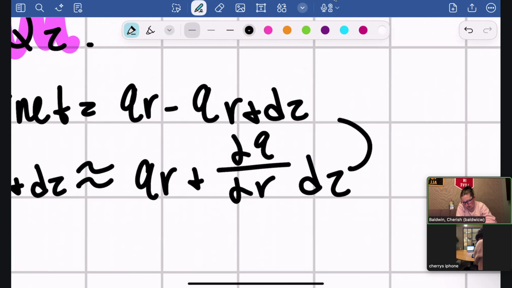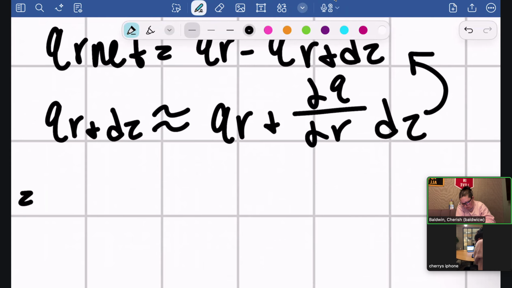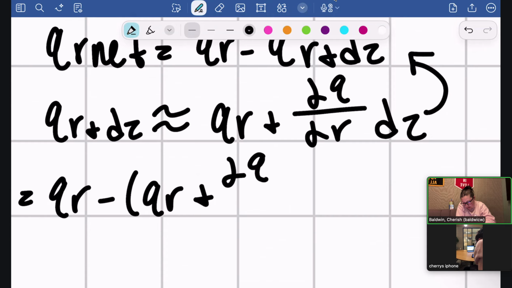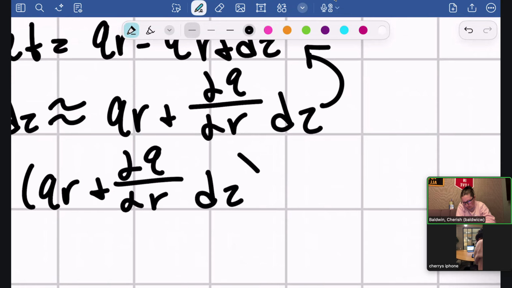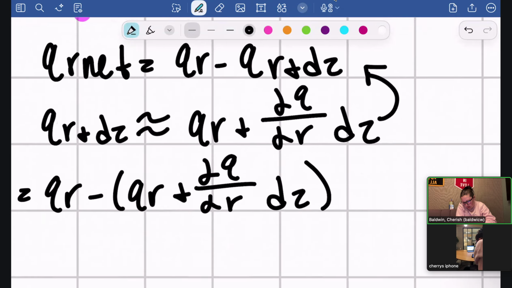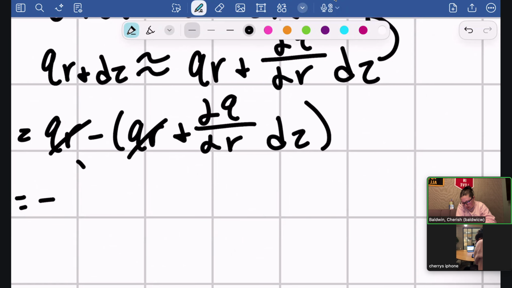And we put this into this equation, and we get Qz minus Qz plus gradient. And these cancel out. So then that gives us negative gradient of heat through z, dz.